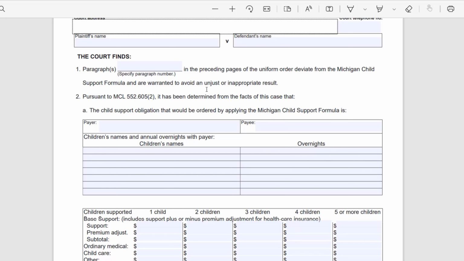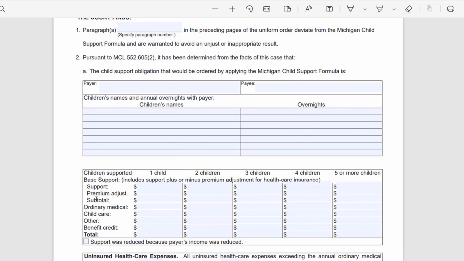Usually you're going to be deviating from the paragraph that involves this grid, so that's usually the number you're going to put in there. But sometimes families will deviate from the formula as it relates to health insurance or other provisions of the formula. So I think it's really important that you go back to your Uniform Child Support Order and specify.